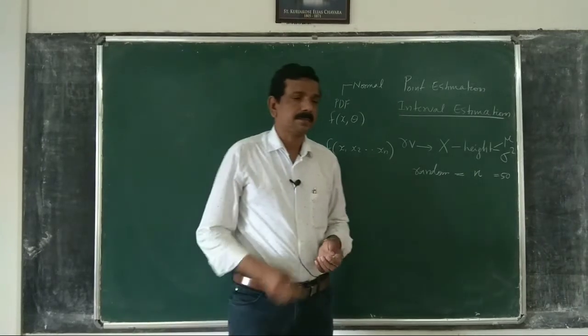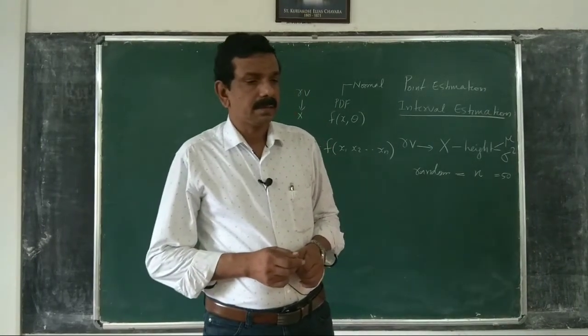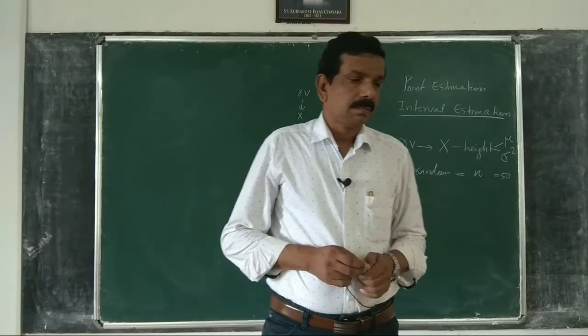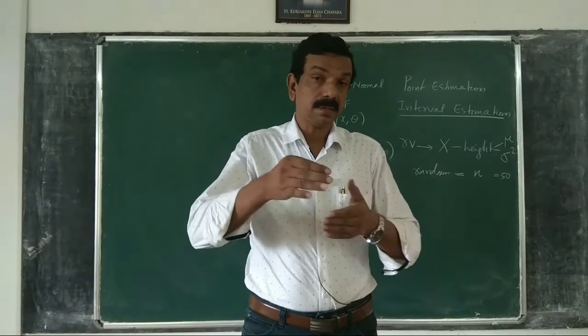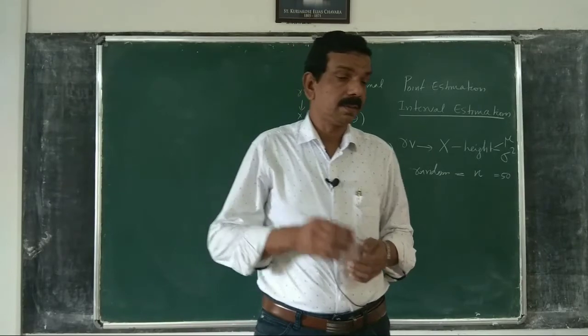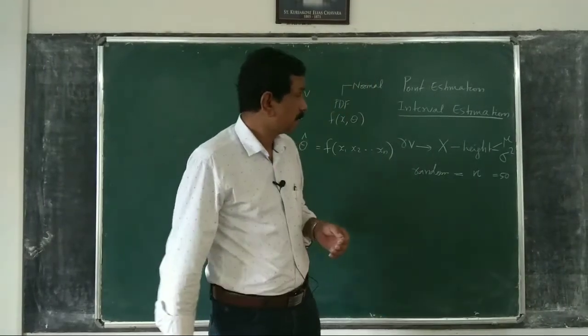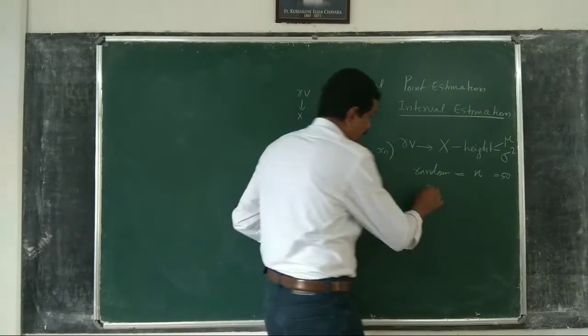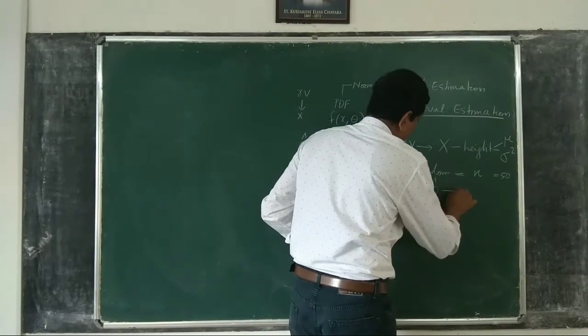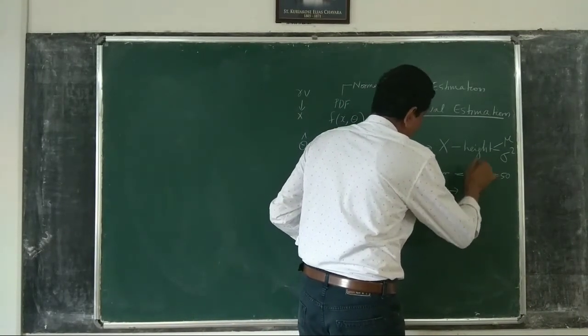Interval estimation. Now we know that point estimation is a method of estimation, and point estimation will give only a single value for the parameter. Theta hat will give only a single value for the parameter theta.